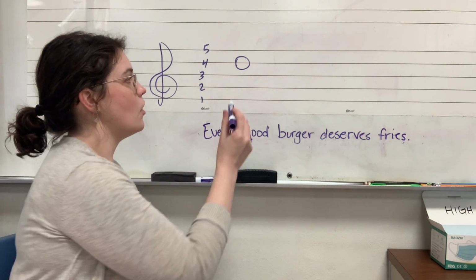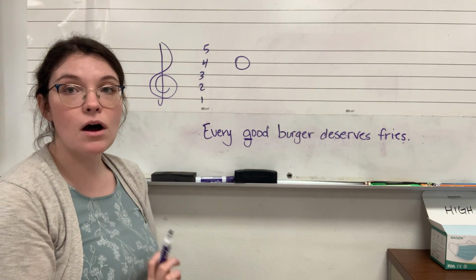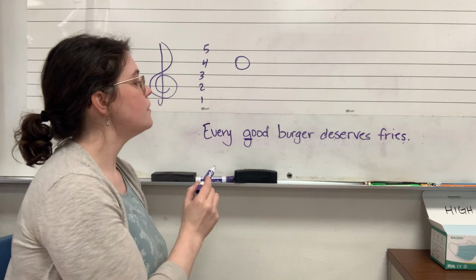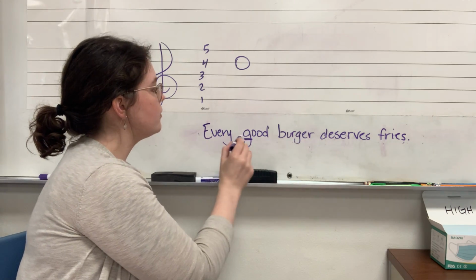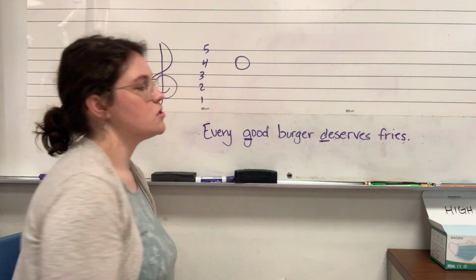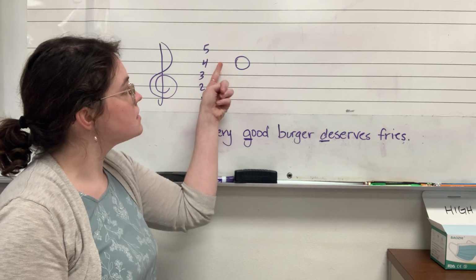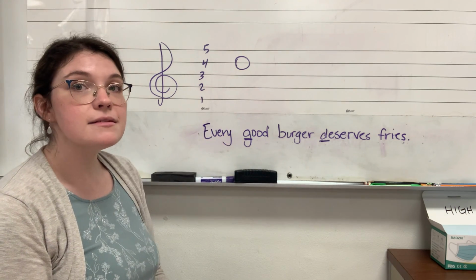All right, so did you figure out what line it is on to start with? 1, 2, 3, 4. This is on line 4, so we count to our fourth word. Every good burger deserves. That's our fourth word, deserves. So that means this note is D.